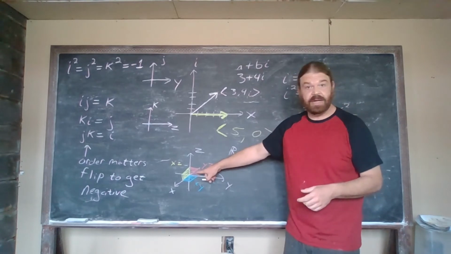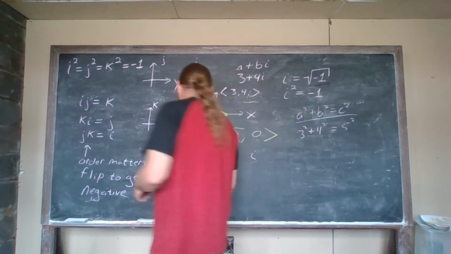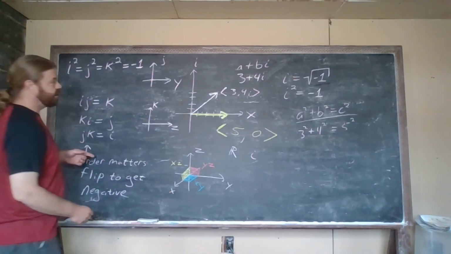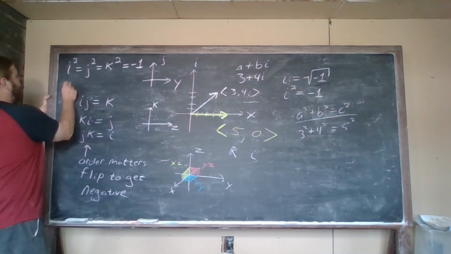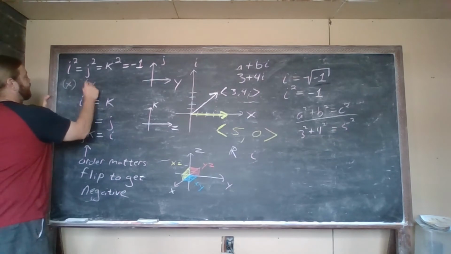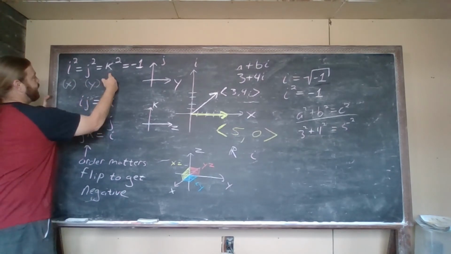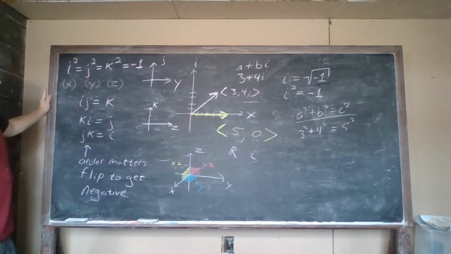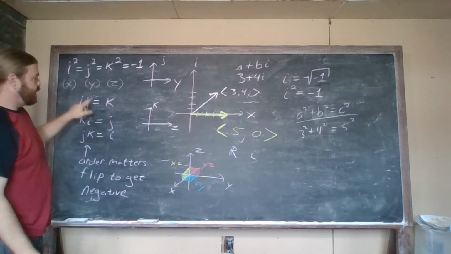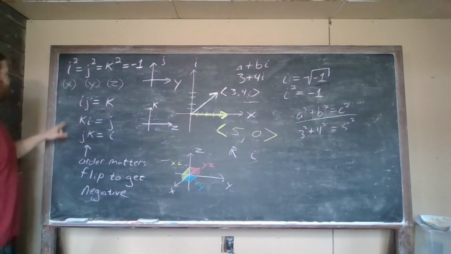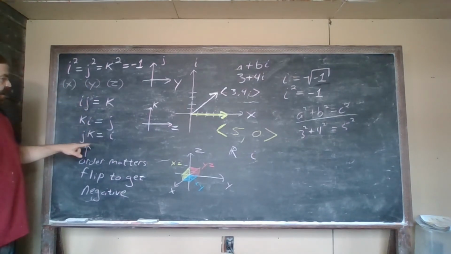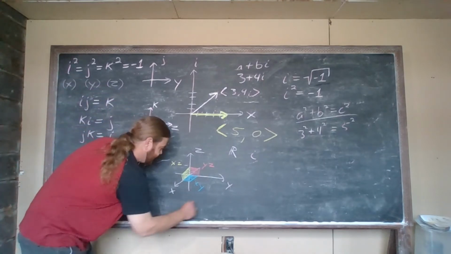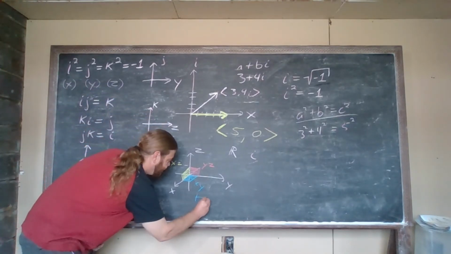So these little planes that I drew on here, X usually goes with I, Y usually goes with J, and Z usually goes with K. So if we're in the XY plane, X times Y is I times J. So this is actually the K plane.